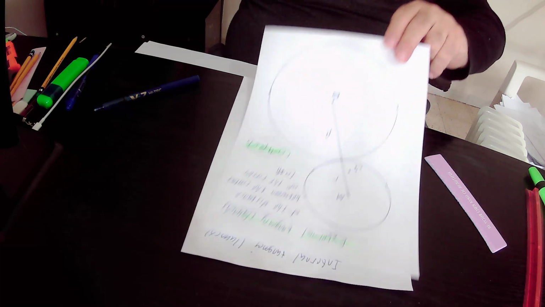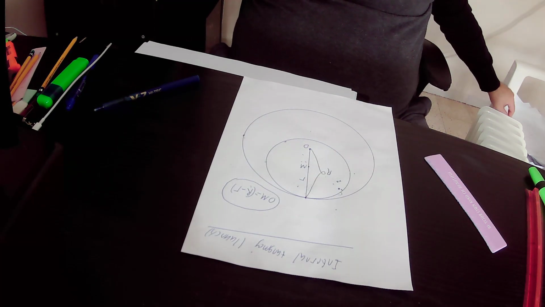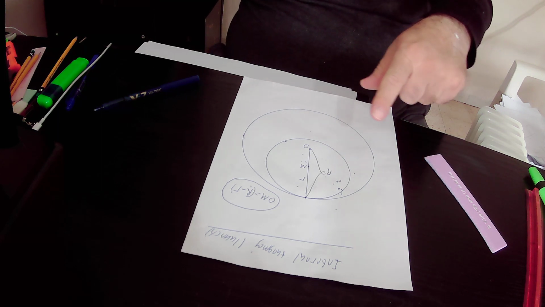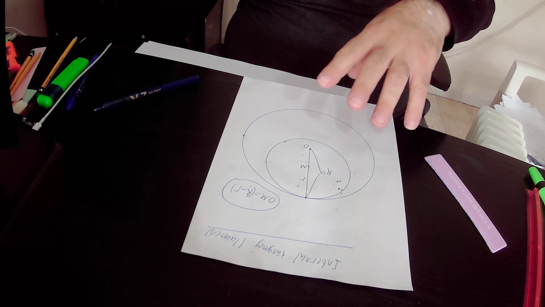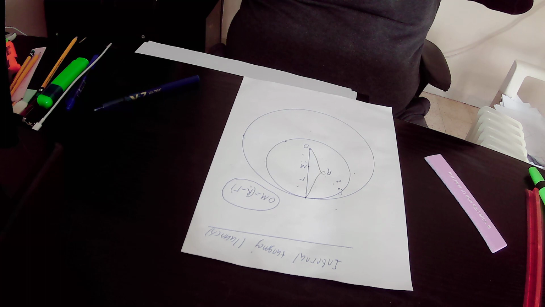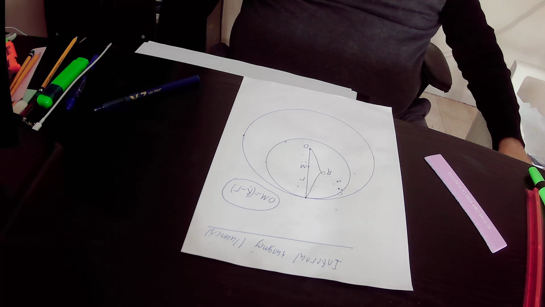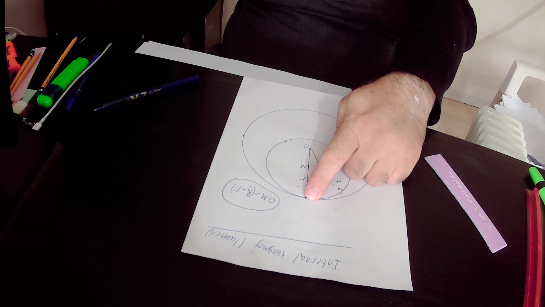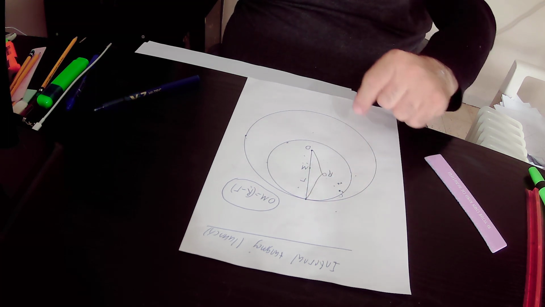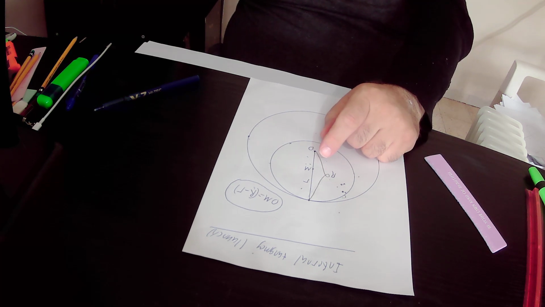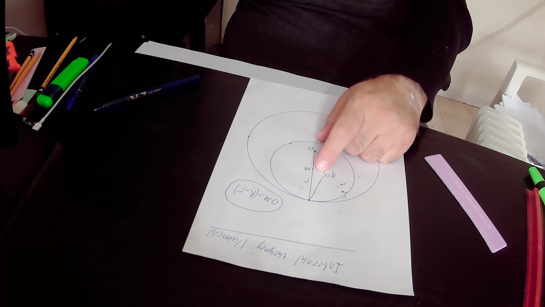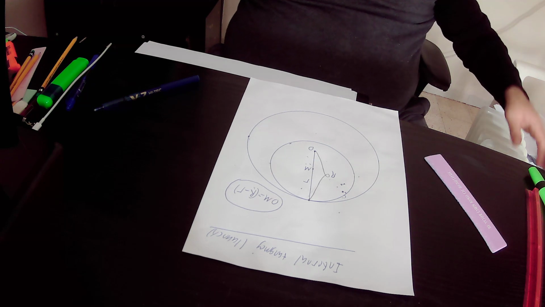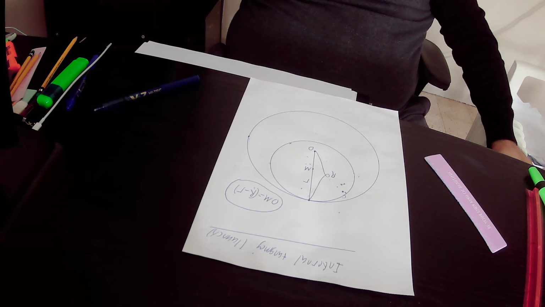That is to say, two circles can touch each other also internally, and this is the internal tangency. Those two circles are touching each other internally at this point. This is the point of tangency between those two circles, and the distance between their centers, that is to say, the length of line segment MO, will be equal to the difference between the lengths of their radii.